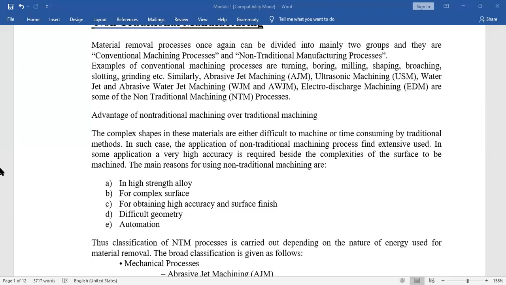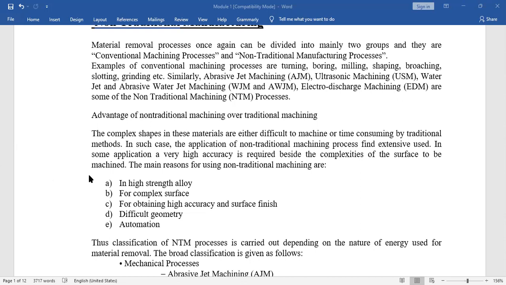Generally these materials are classified as difficult-to-cut materials. That is why it is not possible with the conventional machining process. So there is a need for the non-traditional machining process.